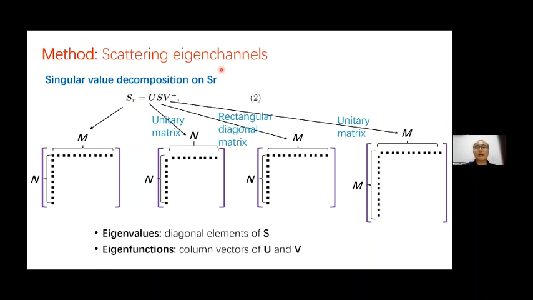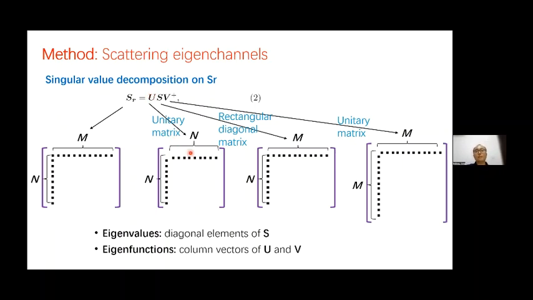Here, the eigenvalues of these eigenchannels are read from the diagonal elements of matrix S. The eigenfunctions of the incident light are read from the columns of matrix V, and the eigenfunctions of the scattered light are read from the columns of matrix U.